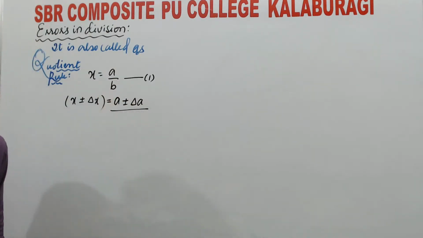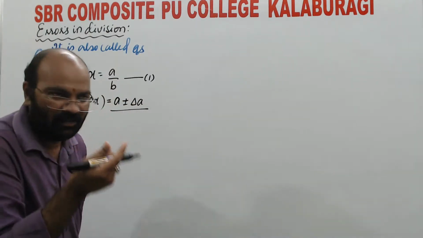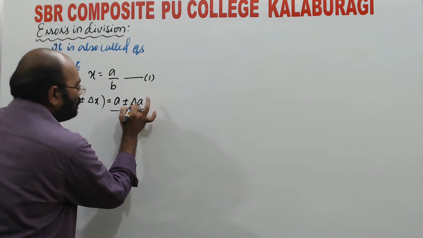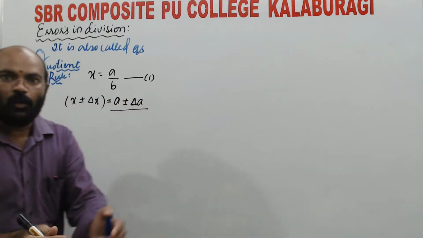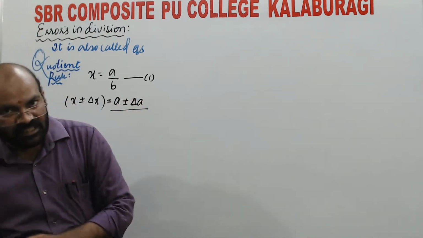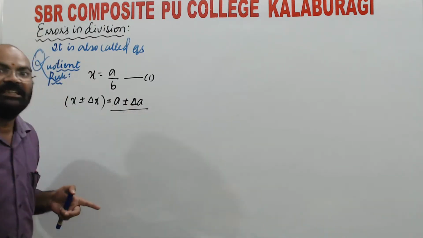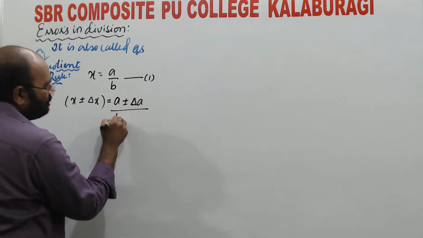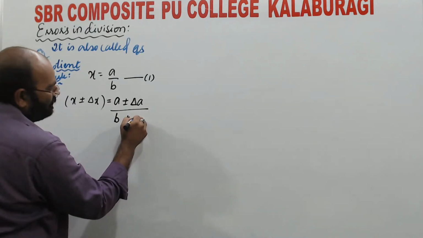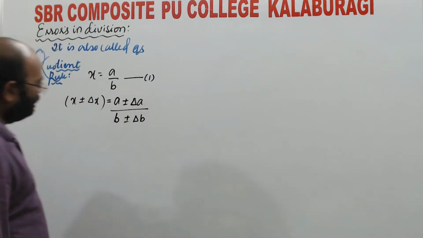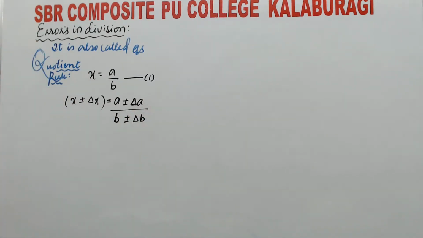The delta always indicates a very small value, that's why it is called an absolute error.